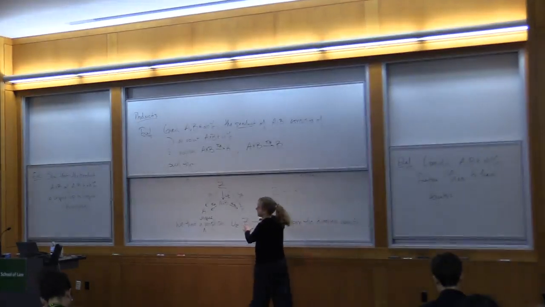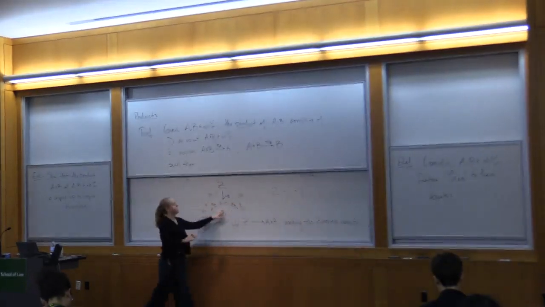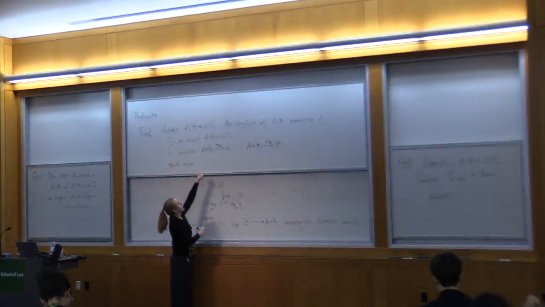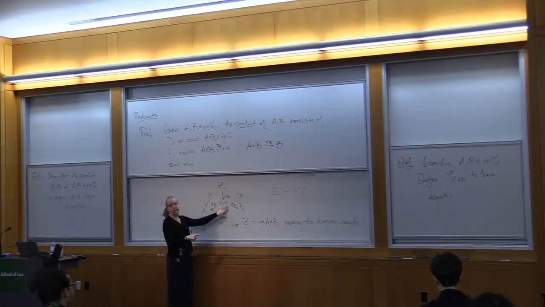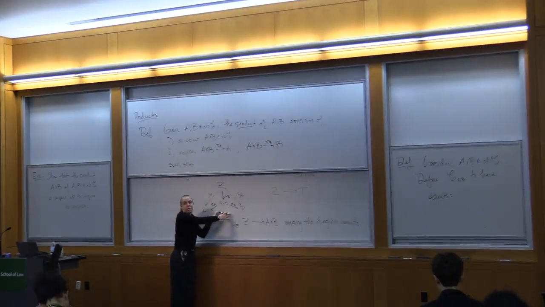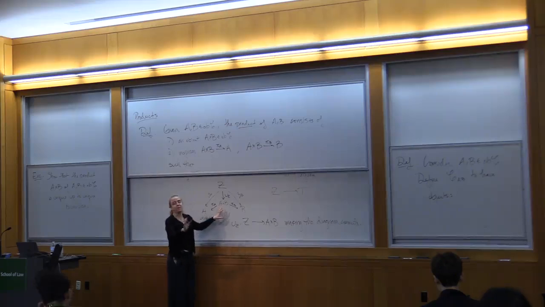So maybe let's look at this definition real quick. In this definition, we have in the first two things an object, A times B, and these two maps. So ignoring this part, we have this particular shape, which is called a span. Not very important to know the word span, but I might say it a few times in the next minute.